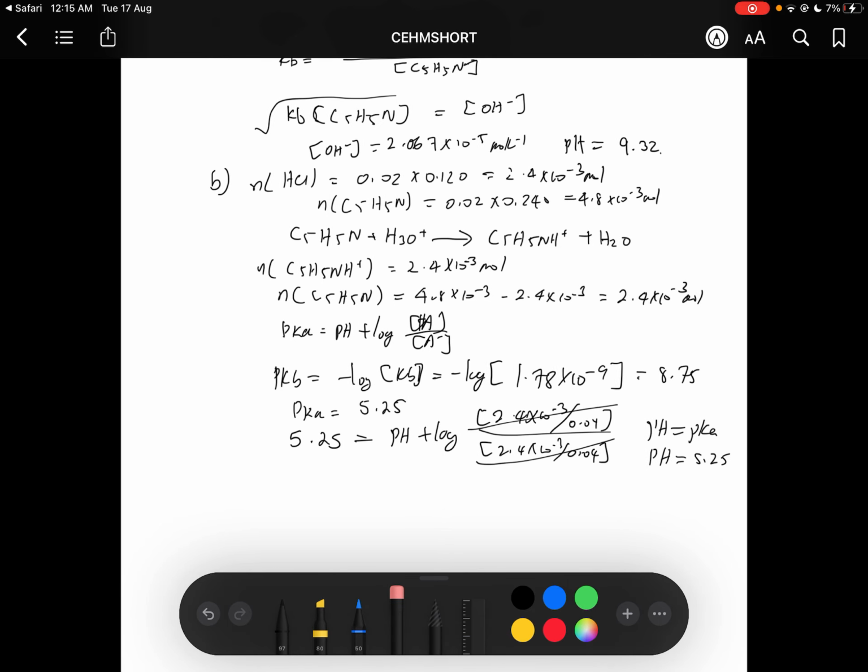And that's our answer. And if you want to find the pH at the equivalence point, just take the negative log of that. Negative log of that will give us pH equals 3.17. Alright, so that is question BII done. So let me just rub out what we did here for part A. So we're going to continue with part C.